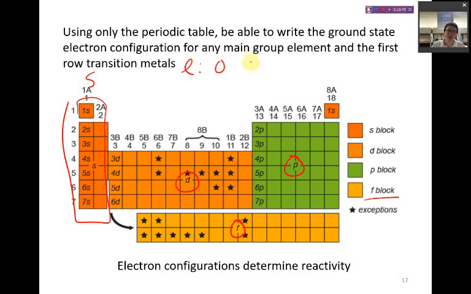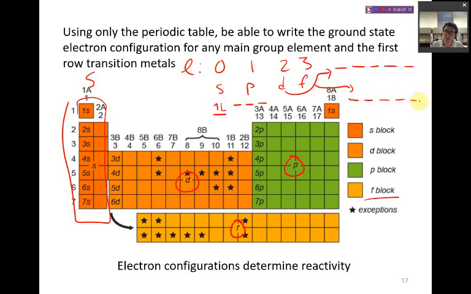So for a value of 0, 1, 2, and 3, we have S, P, D, and F. And hopefully you'll see that when we look at the S-type orbitals, we can only have 2 electrons within them. There are 3 p orbitals, there are 5 d orbitals, and there are 7 f orbitals.